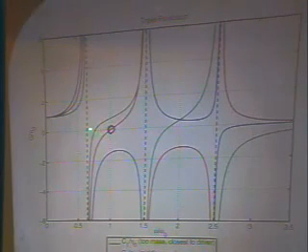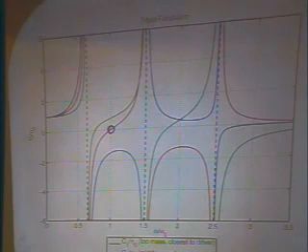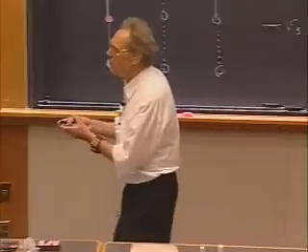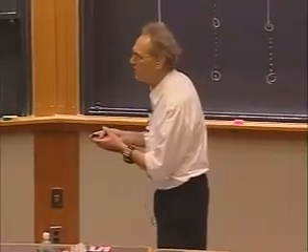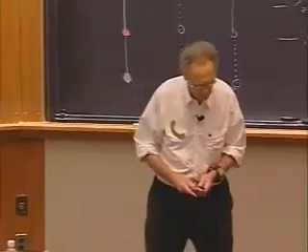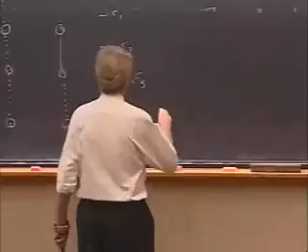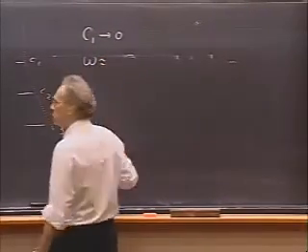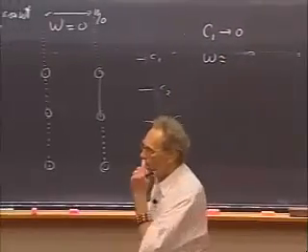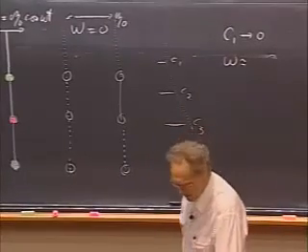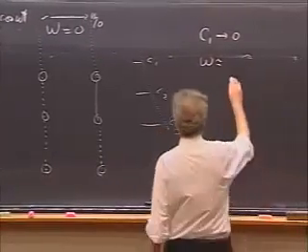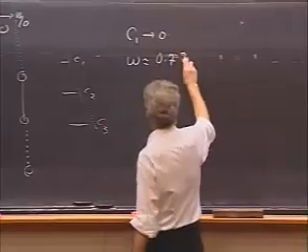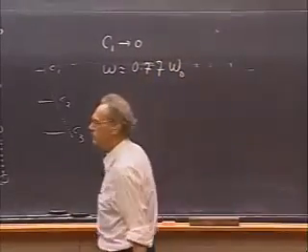And now there comes a point which boggles the mind, right here. The top one is not moving, stands still. And there is nothing really so special about that frequency. That frequency for which the top one stands still, so C1 goes to 0, that omega, if I try to eyeball it, I would say it's about 0.77 times omega 0.